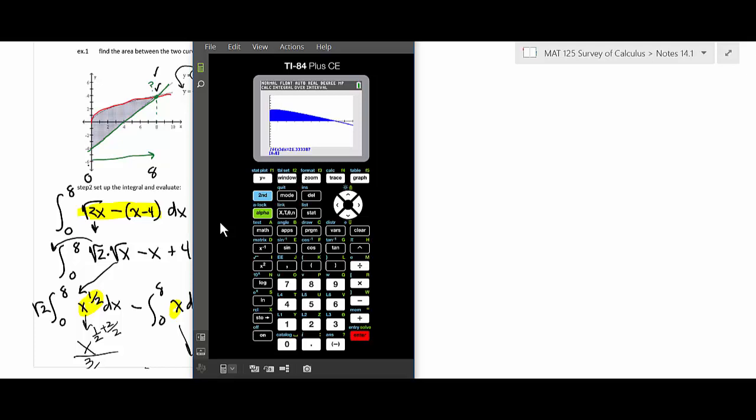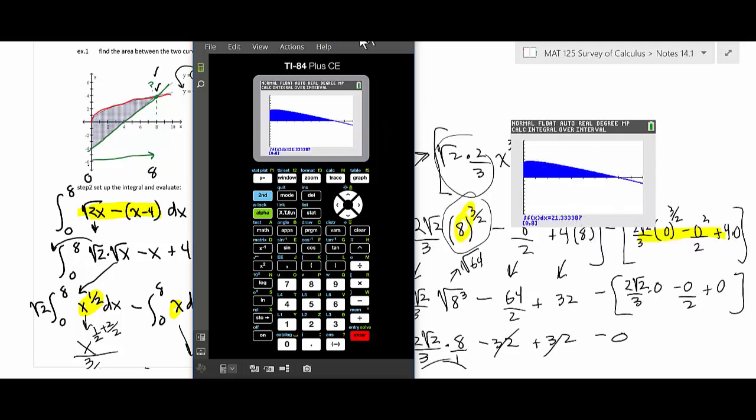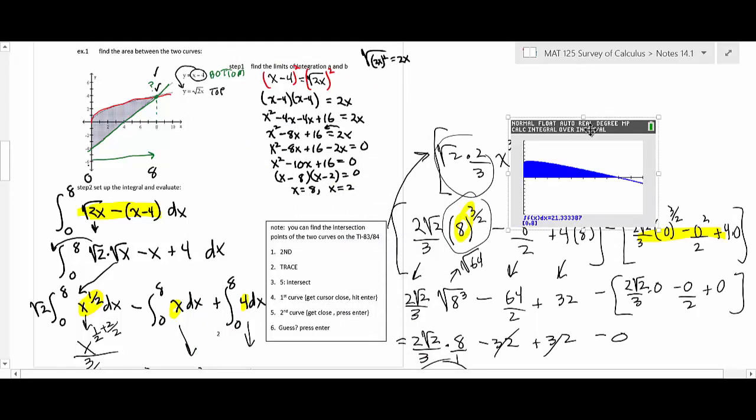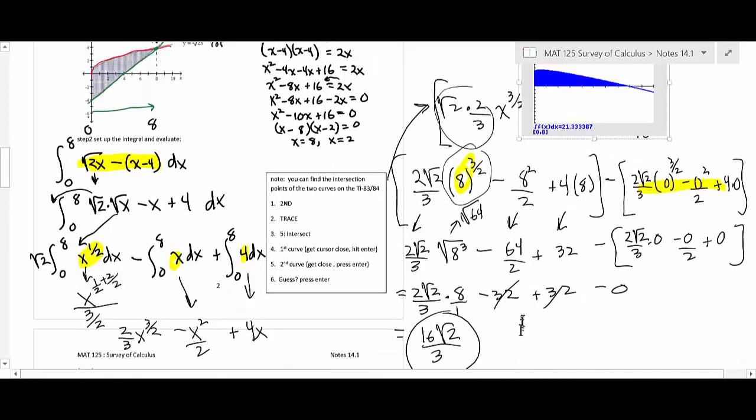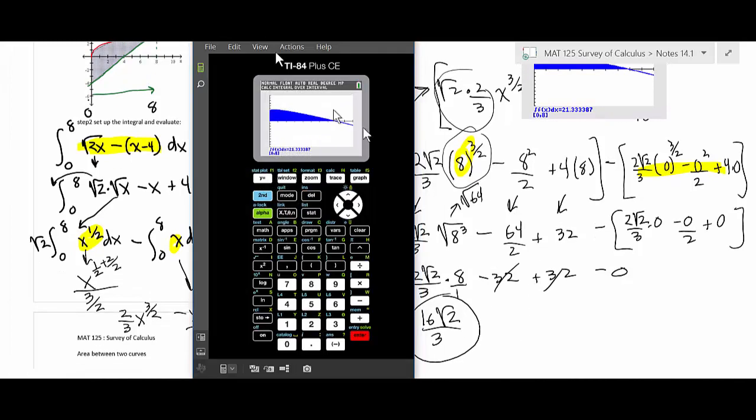So what we have on this is 21. That looks like that gave me 21.3. Now I'm going to take my answer and compare that on the calculator. My answer was 16 times the square root of 2, and then I'm going to divide that by 3 and put it in like that and see if it's 21 point.